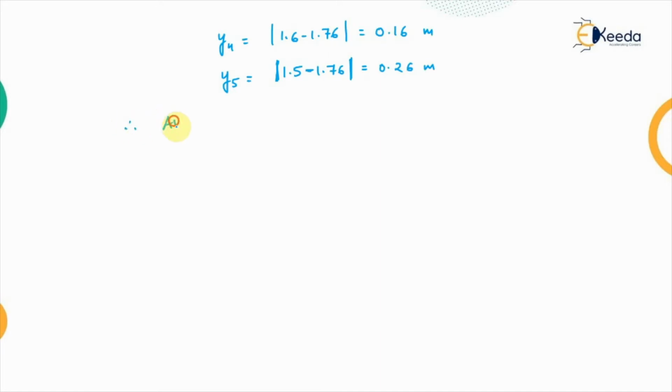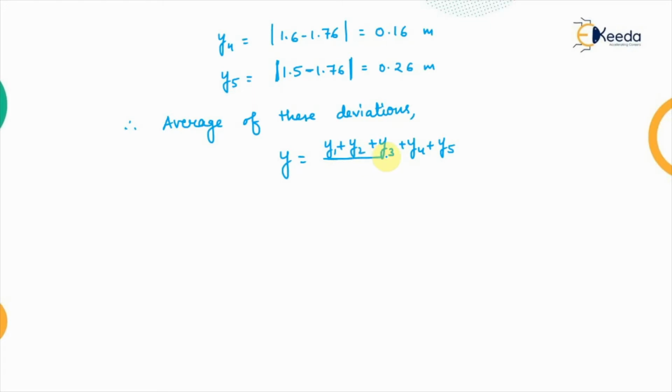Therefore, the average of these deviations, which is y, is calculated as the summation of all of these values and taking the average: 0.24, 0.14, 0.04, 0.16, 0.26 divided by 5.